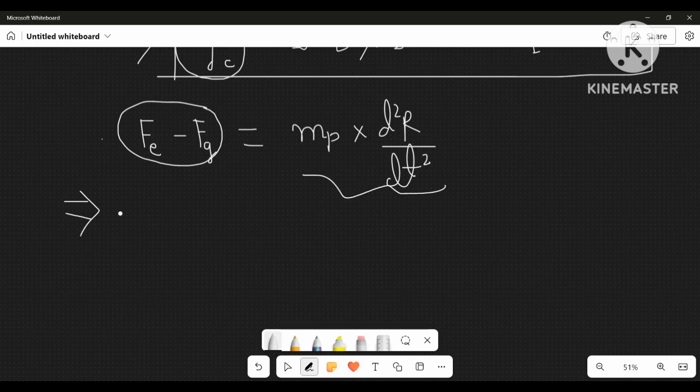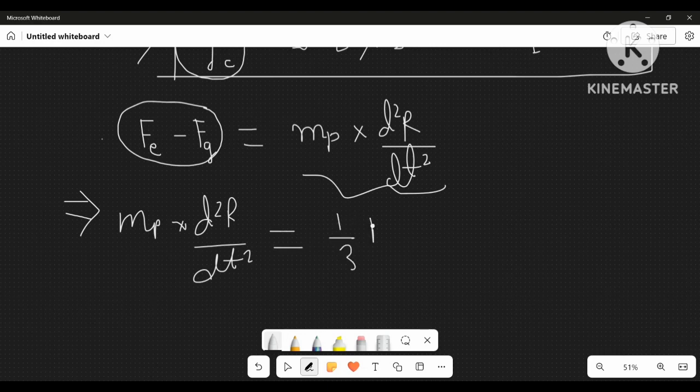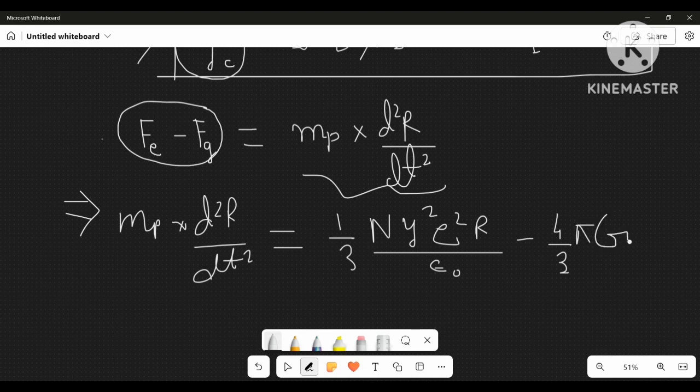Now if you plug in the values of this difference, you will get something like this. I write this in the LHS: mp times the second order derivative, that equals the difference of the forces, which is one third n y square e square r upon epsilon naught, minus 4 third pi g, and then we have n mp and r, I guess.